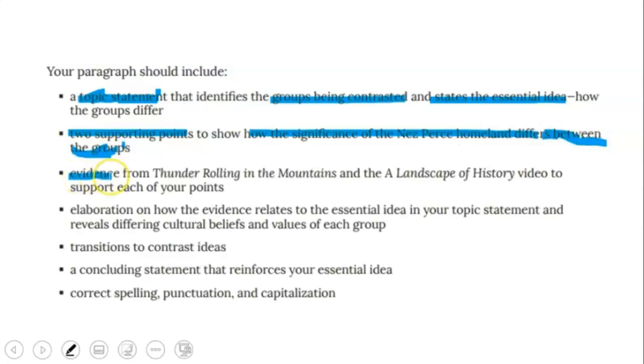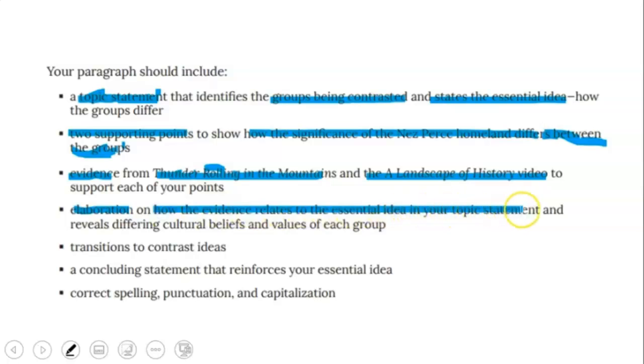Then evidence from Thunder Rolling in the Mountains and A Landscape of History video to support each point. Elaboration on how the evidence relates to the essential idea in your topic statement and reveals differing cultural beliefs and values of each group. Transition.